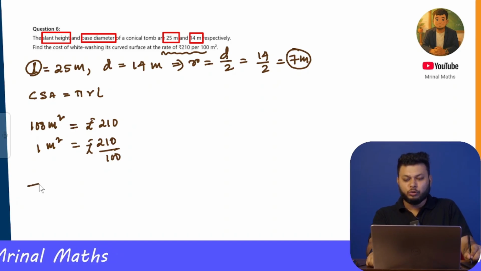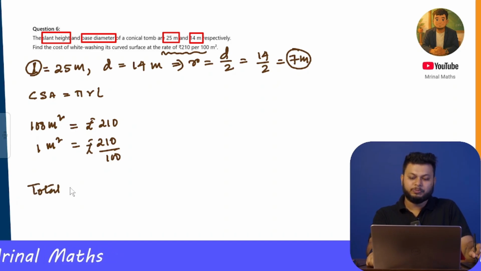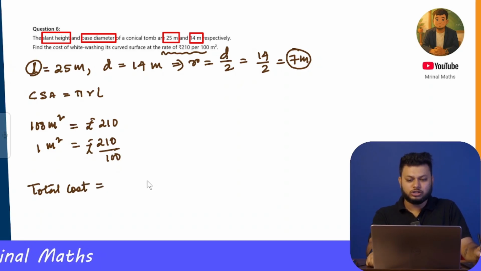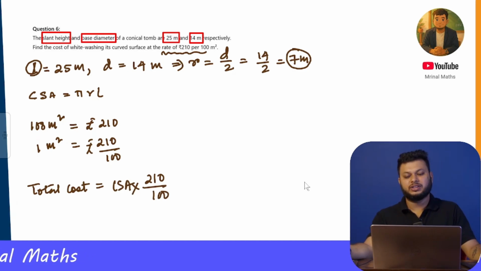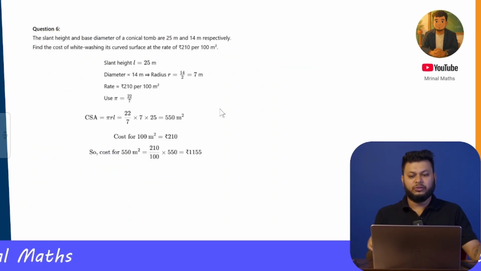Now to get the total cost of painting, you can directly multiply the cost with the total area, that is nothing but the curved surface area. If you observe the calculation here, you see the slant height L, you see the radius, which is 7 meter. The rate is given in this manner.